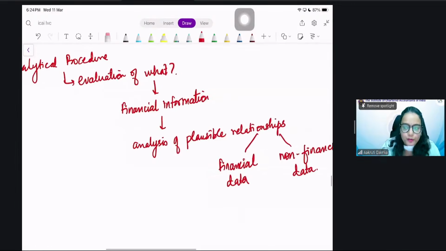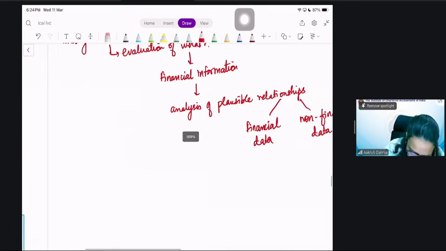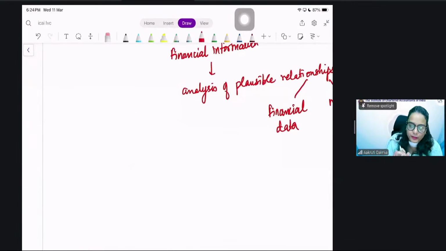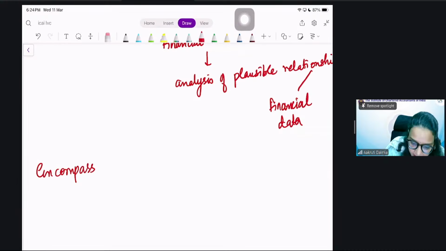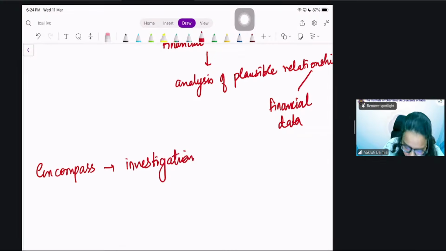Okay. So the first part is done. Now in analytical procedure, the second part of the definition is also there. What does the second part of the definition say? It says it also encompasses such investigation as necessary.